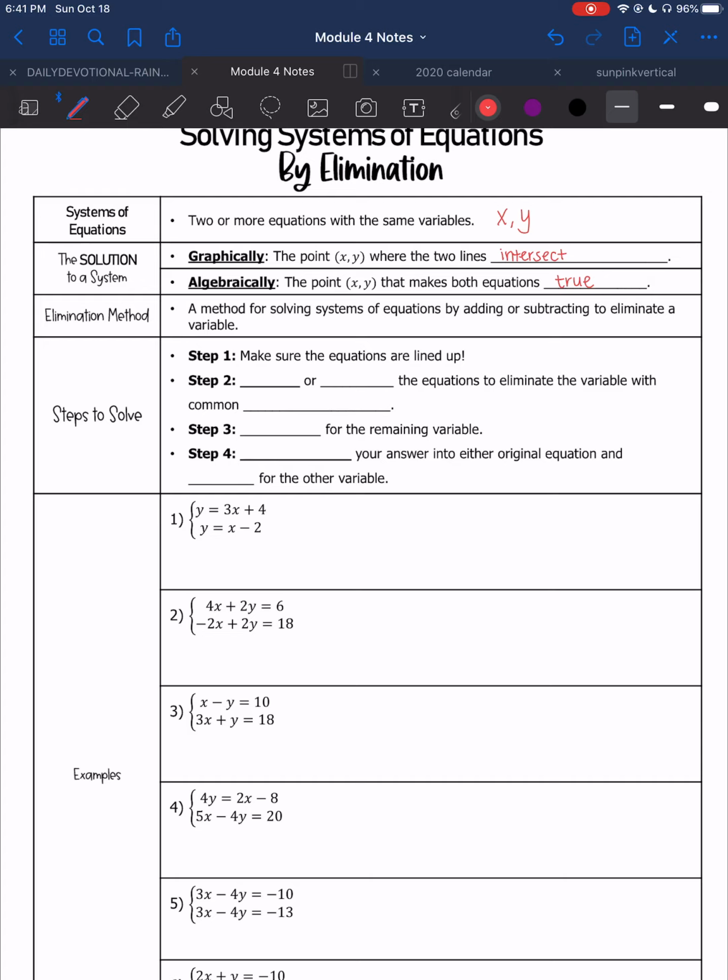So you want to first make sure the equations are lined up so the x's are together in a vertical line and the y's are together in a vertical line, and then the constants are together in a vertical line. And then you're going to add or subtract the equations to eliminate the variable with common coefficients.